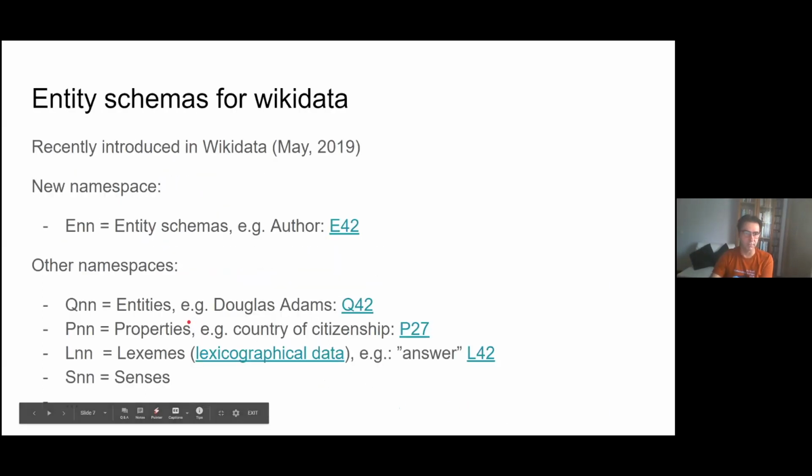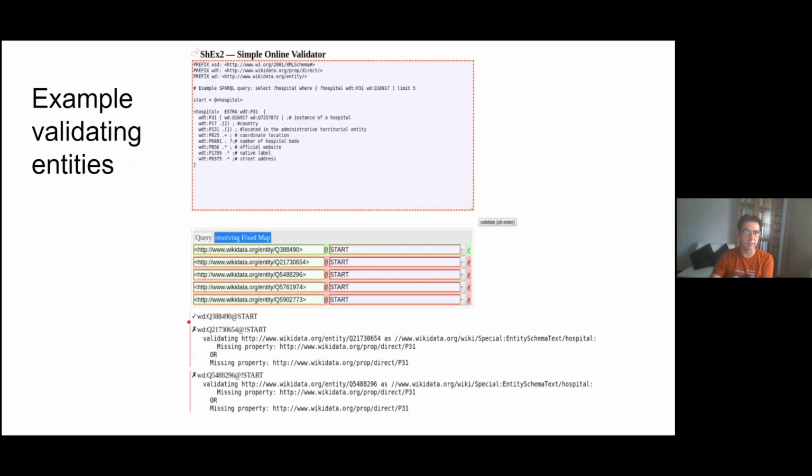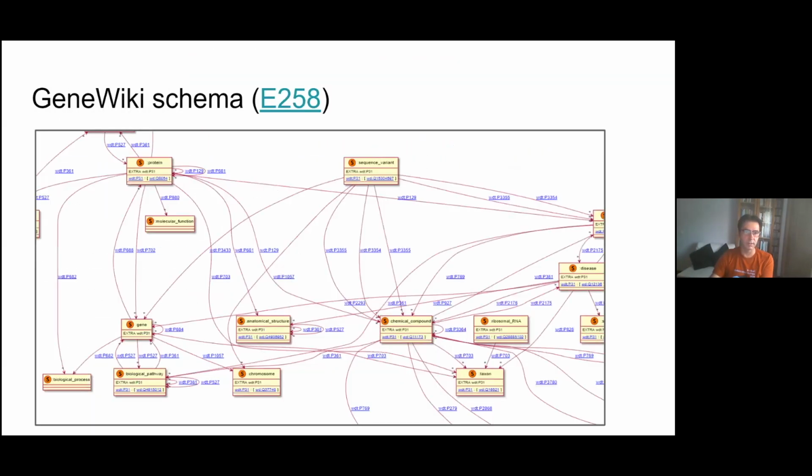When I was using the example of genes and chemical compounds, it has a lot of recursion. For example, a biological pathway points to itself, so maybe it's part of another biological pathway, and genes are related with biological pathways, and the biological pathways are related with genes.